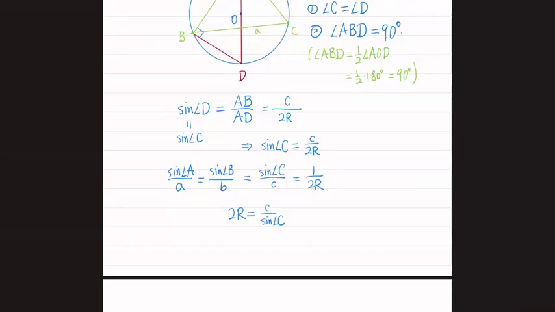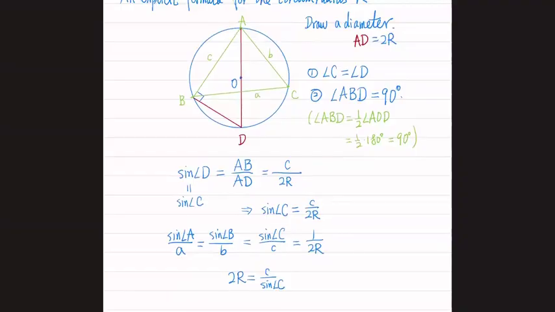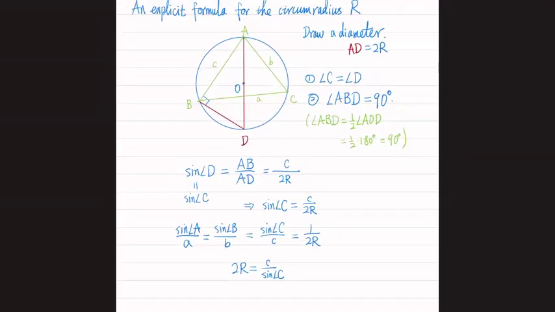Now we use another formula for the area. A, B, sine C. If I draw a perpendicular line from B to... is this perpendicular? Let me check. Not that perpendicular. Yeah, this is better.